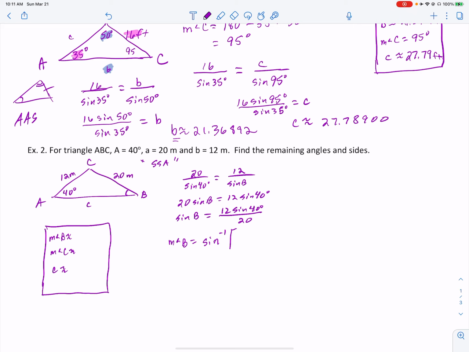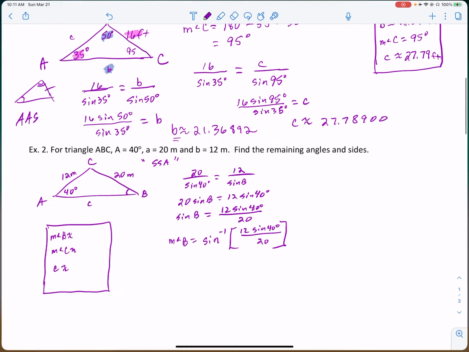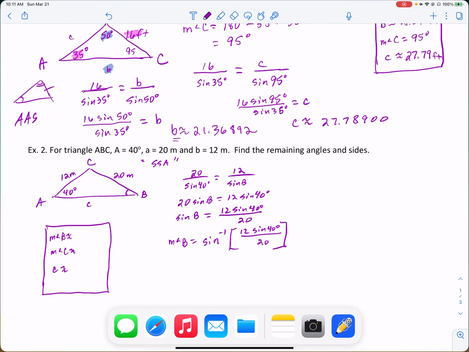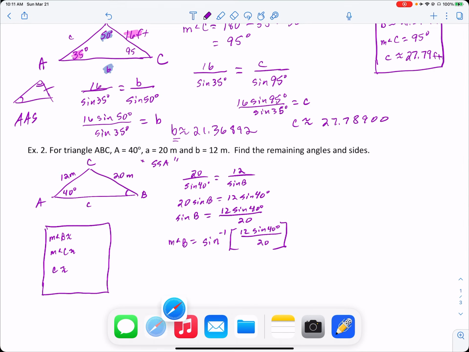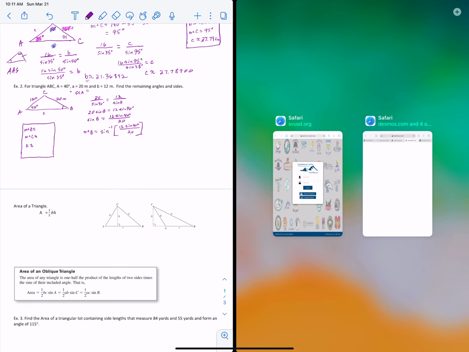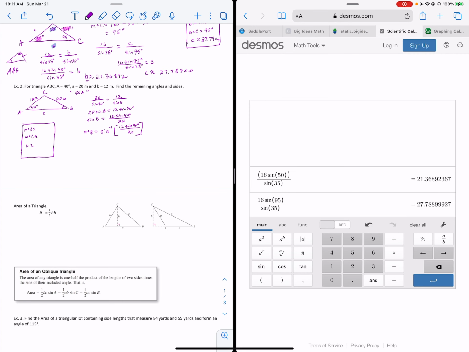And instead of writing out decimals for that, let's just put that exact value in there. And we're going to get the inverse sine of that. And so now I want to go see if I can find that inverse sine in Desmos. All right, so see if we can do function.